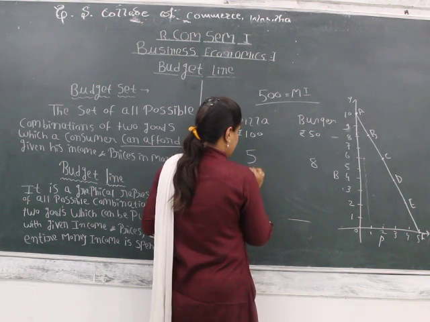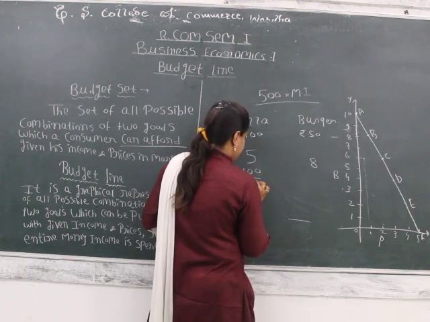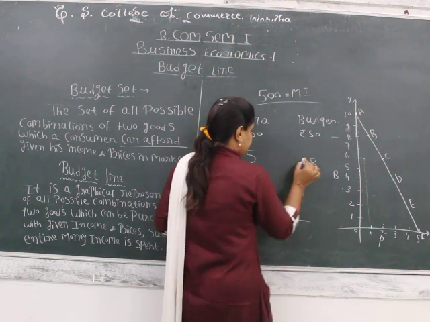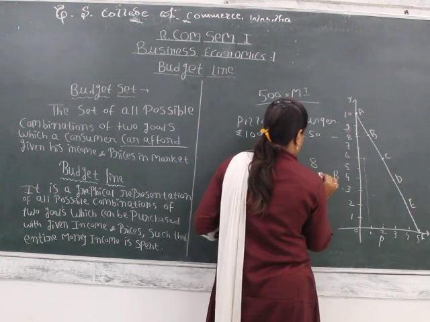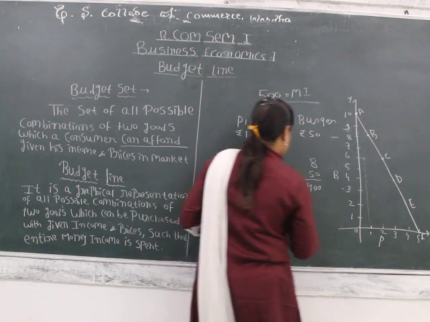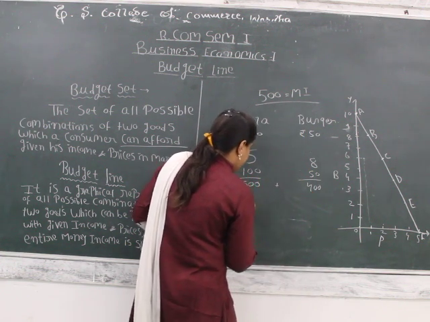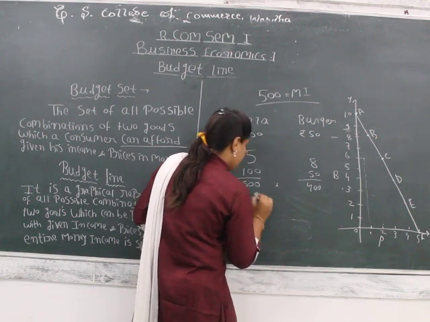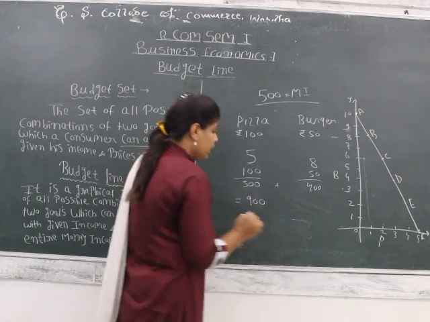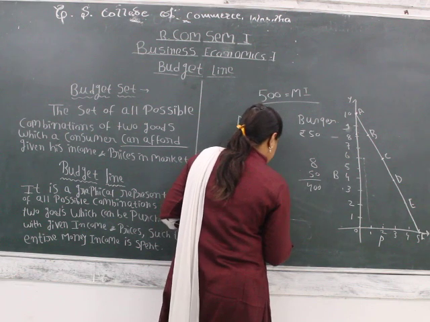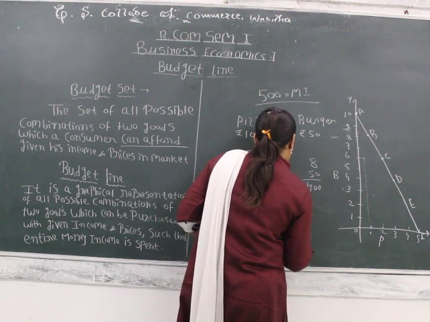So 5 pizzas at 100 each means 500 rupees. 8 burgers at 50 each means 400 rupees. So to buy this combination he requires a total of 900 rupees and his money income is only 500 rupees, which is less than the required amount.